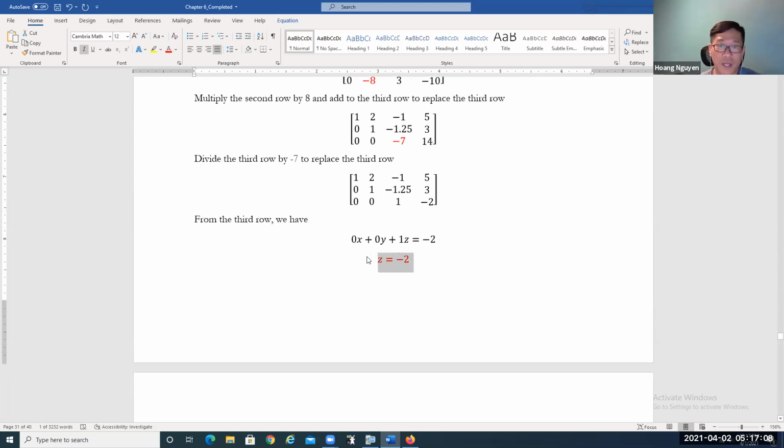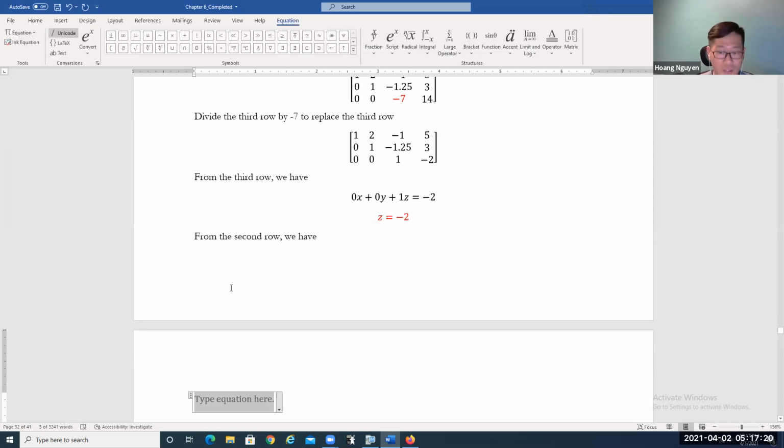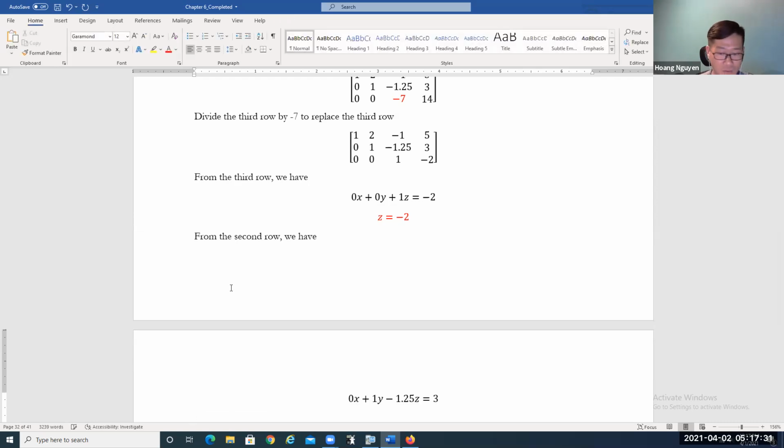So now we substitute this solution into the second row and we get the solution for y. From the second row, we have 0x plus 1y minus 1.25z equal to 3.